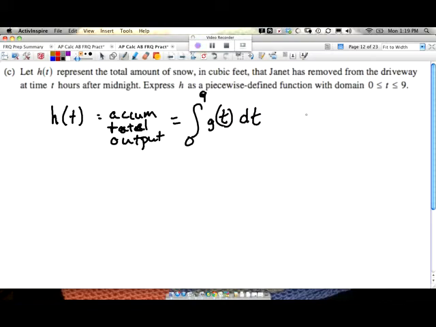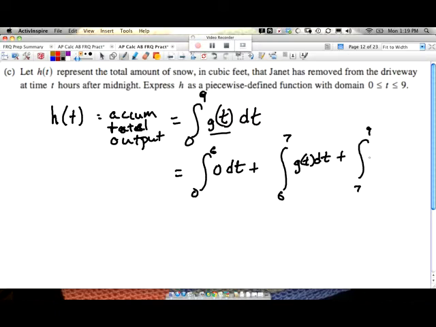Okay, well, we got to split this at 6 and then again at 7 because g of t changes at 6 and 7, which is going to be the integral from 0 to 6 of 0 dt. That's just nothing. That's going to disappear. Plus the integral from 6 to 7 of g of t dt, and plus the integral from 7 to 9 of g of t dt.